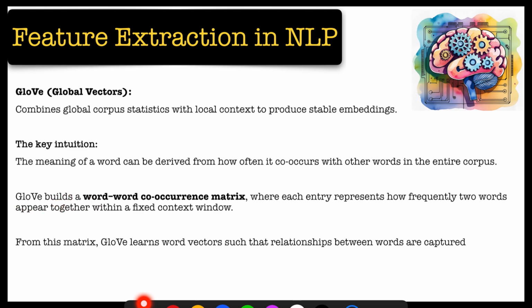GloVe builds a word-to-word co-occurrence matrix where each entry represents how frequently two words appear together within a fixed context window. So for a sentence, we take one context window and the words in it, and we build a word-to-word co-occurrence matrix. And from that matrix, GloVe learns word vectors such that the relationships between words are captured.